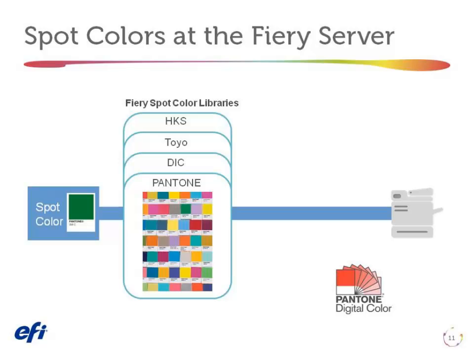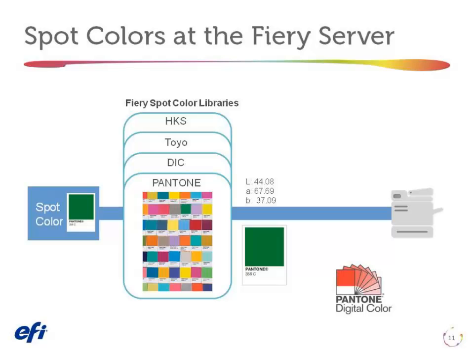With the right spot color library, I can look up the name of the color, and what I get out of the library is an LAB definition. Remember from our earlier session, LAB is the device-independent color space that tells me not how to print the color or how to project it on your monitor, but what the color should look like in the human visual system.